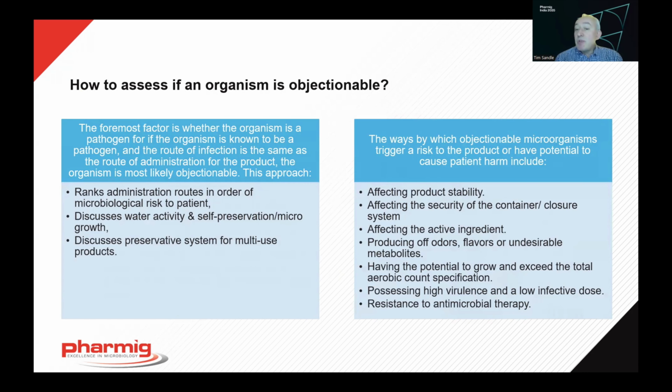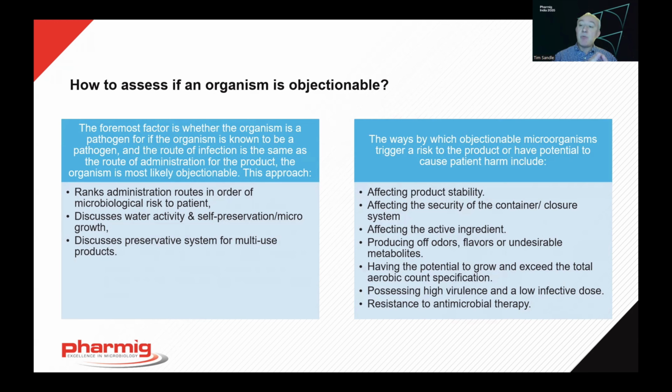For non-steriles, we would have dilemmas to work through in terms of working out whether our microorganisms are objectionable or not. This is important because we're trying to work out: would any potential contaminating microorganism be likely to grow? If it grows a little bit, would it continue to grow? How would this affect the stability of our product? Is this a greater concern if we have a multi-use item? Does it depend upon the population?